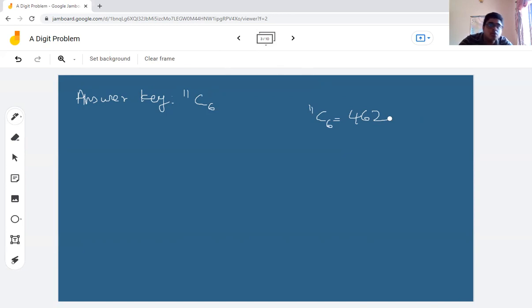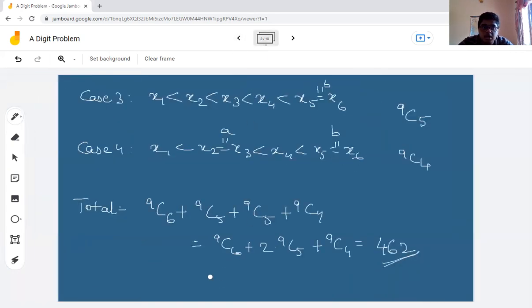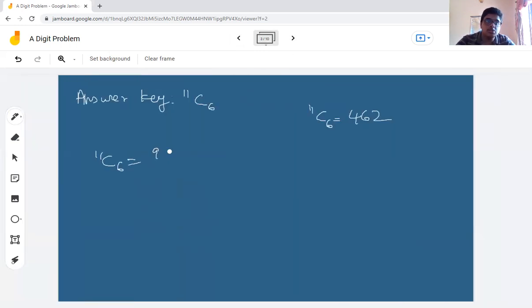But I found an interesting result. 11 choose 6 came out to be 462, and our previous result is 9 choose 6 plus twice 9 choose 5 plus 9 choose 4.